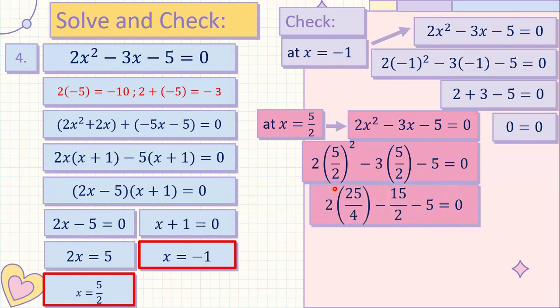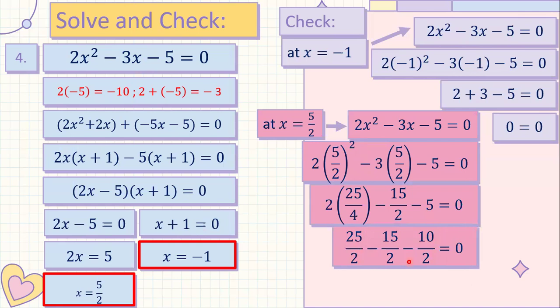So we have now 2 times 25 over 4 minus 15 over 2 minus 5 is equal to 0. So if we are going to change that into similar fractions, that is 25 over 2 minus 15 halves minus 10 over 2 is equal to 0.